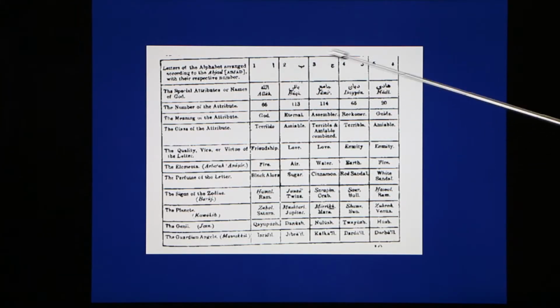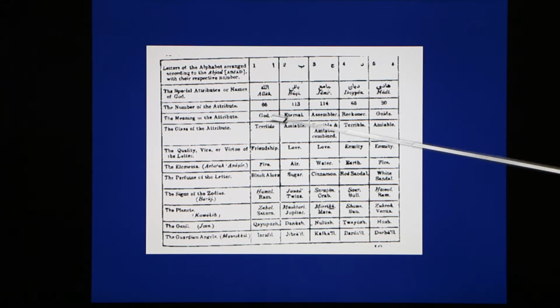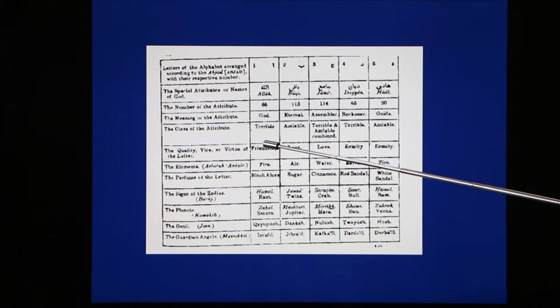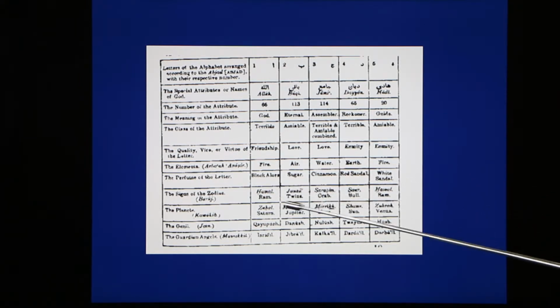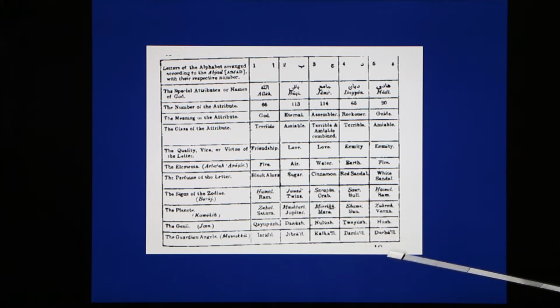And now we see letters 1, 2, 3, 4, 5, A, B, G, D, H. And now we see that each number links to specific names of God, numbers of the attribute, so that's gematria again, then the class of the attribute, the quality, vice, or virtue of the letter, the elements, the perfume of the letter, the figure of the zodiac, the planets, the genie, and the guardian angels.